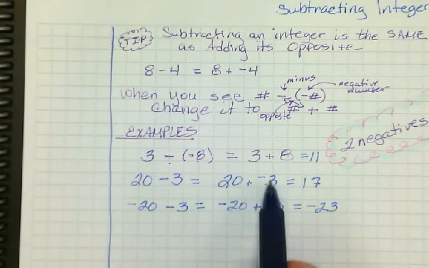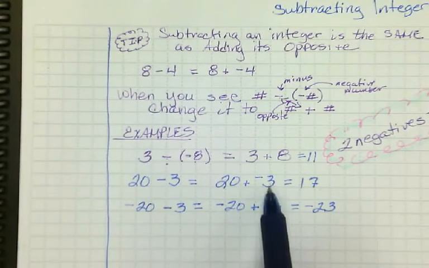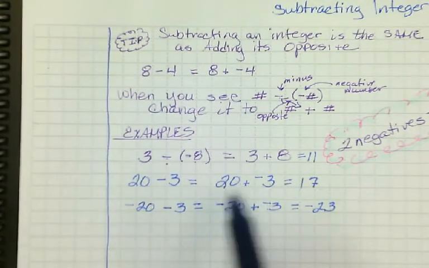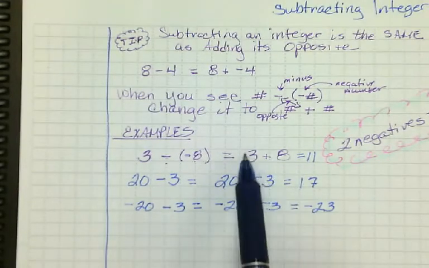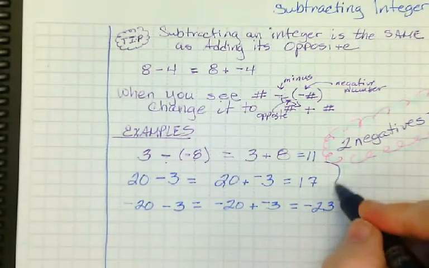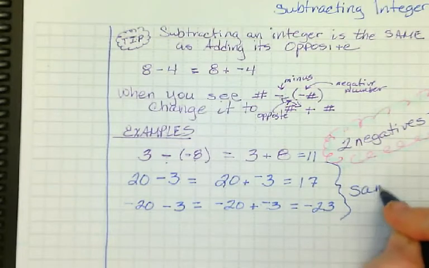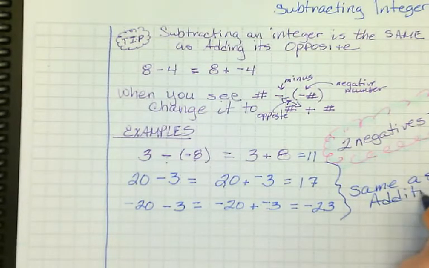This one we now have different signs. So we subtract the absolute values and we keep the sign of the larger absolute value. And this one we have the same signs, so we just add and keep the sign. Our addition rules are basically the same.